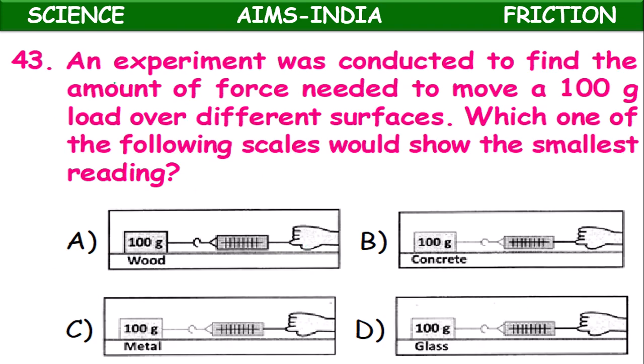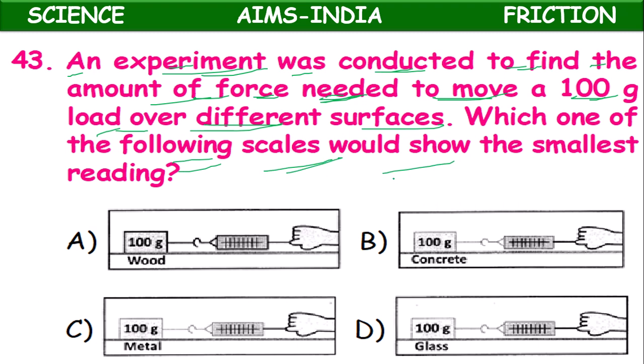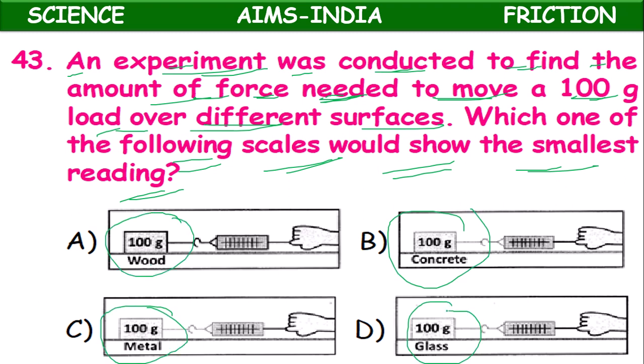Next, an experiment was conducted to find the amount of force needed to move a 100 grams load over different surfaces. Which one of the following scales would show the smallest reading? 100 grams on wood, concrete, metal, glass.